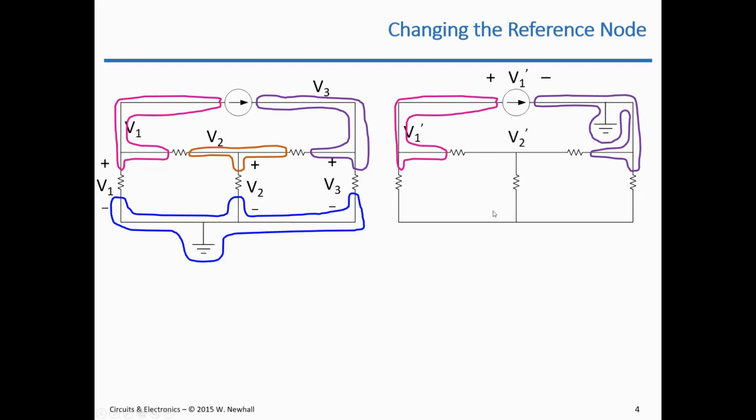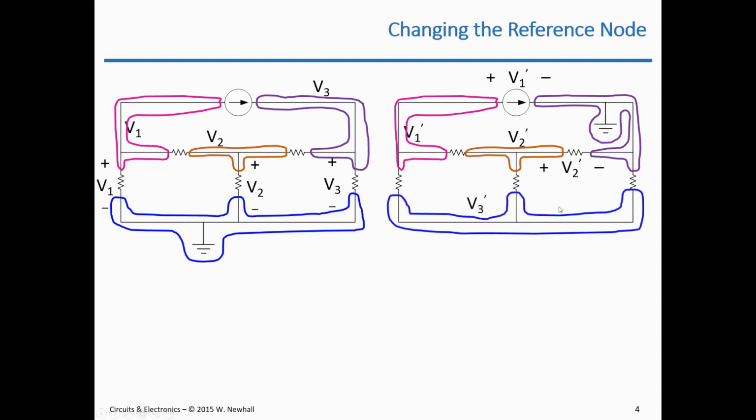Okay, so V2 prime, I'm going to put in the same position as V2. But now that voltage is between V2 and ground, the positive sign at the V2 node and the negative sign at the ground node. And now what do I do with V3? Well, I'm not going to make it the upper right corner because that's now the reference node. Let me put it down at the bottom.